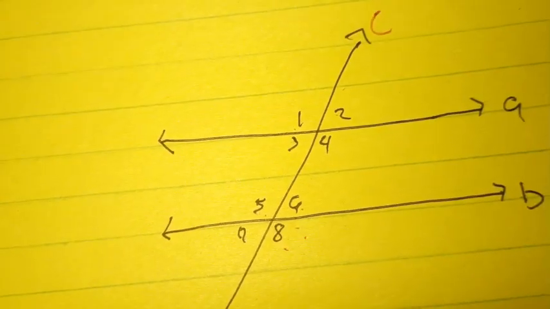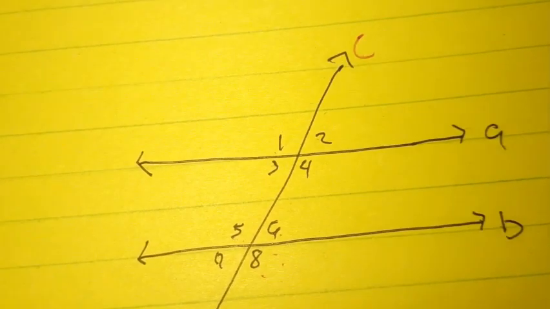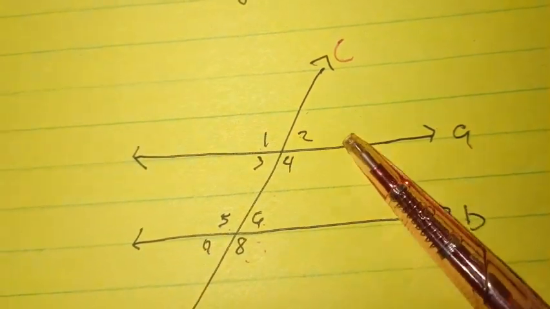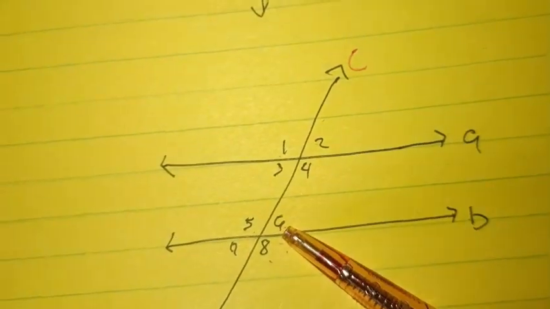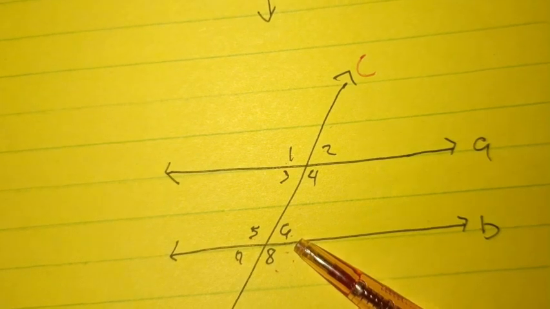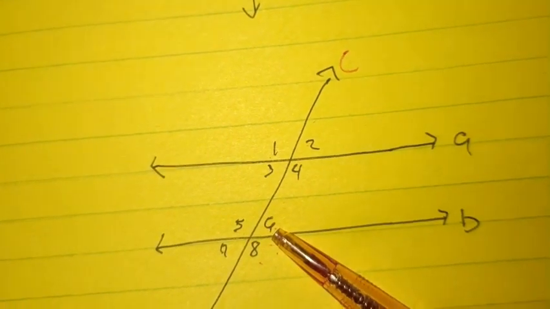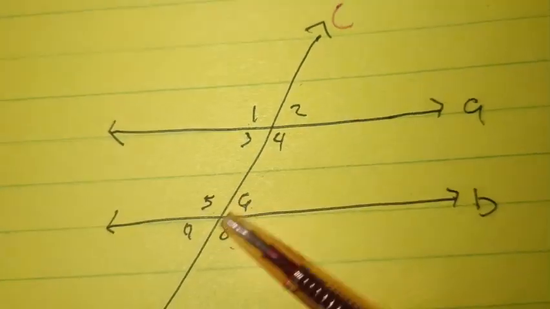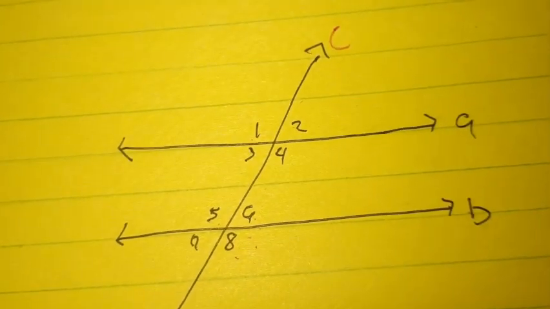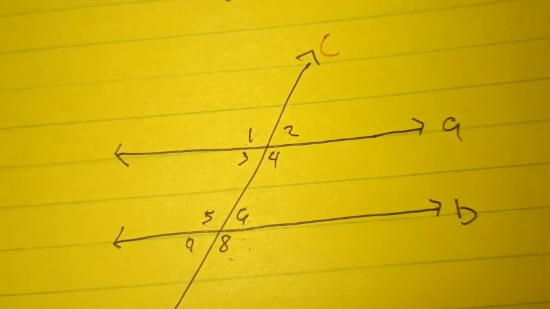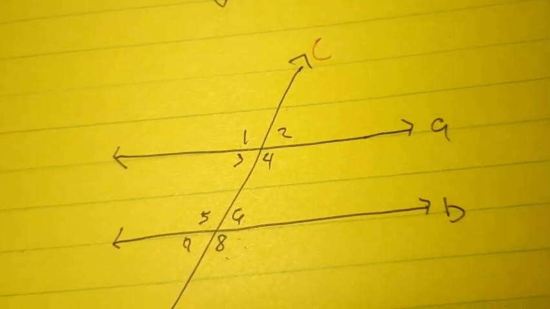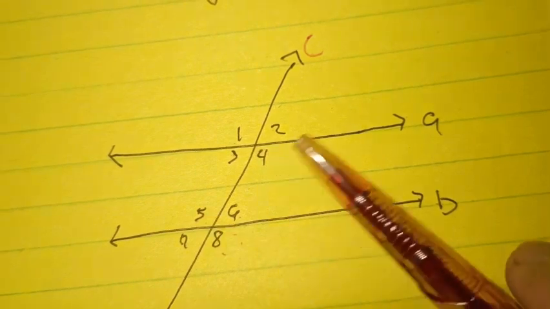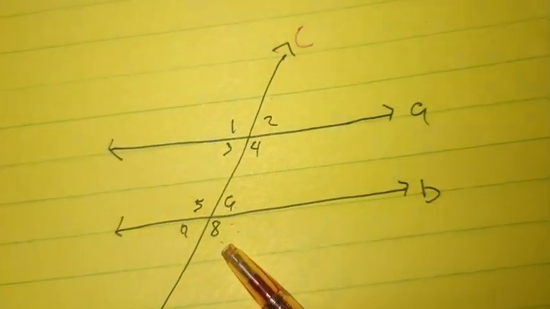Now, the next term you need to be familiar with is the consecutive interior angles. Consecutive means they're next to one another. Angles 4 and 6 are consecutive interior angles. 3 and 5 are consecutive interior angles. Consecutive integers are 2, 3, 4, 5.